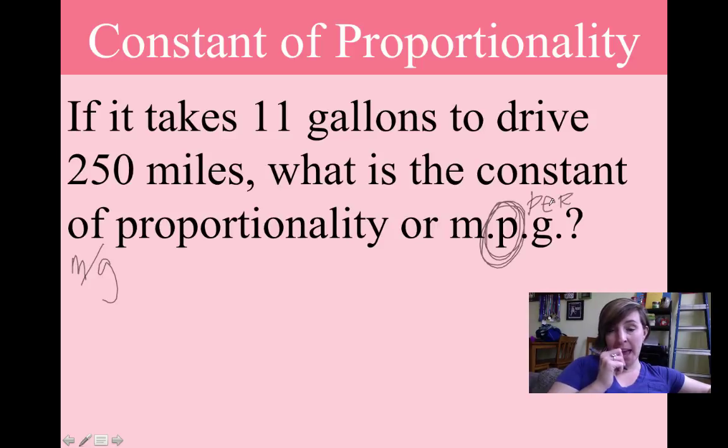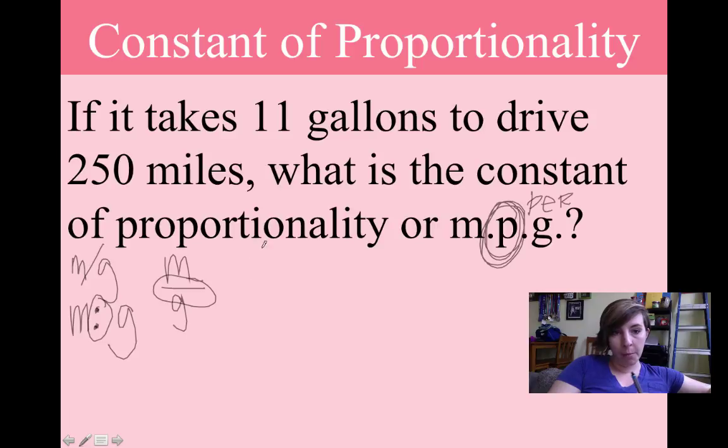Anytime you see that, think of it as the fraction bar or the colon in a ratio. So if it's miles per gallon, the miles is the numerator and the gallons is the denominator.